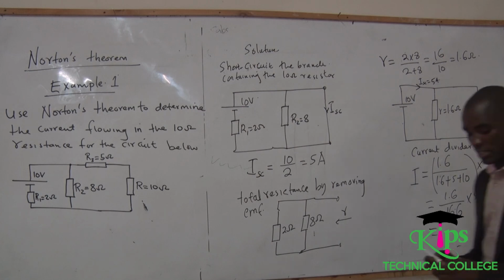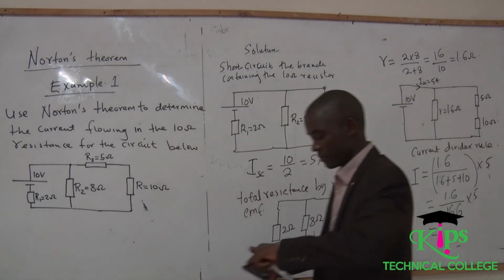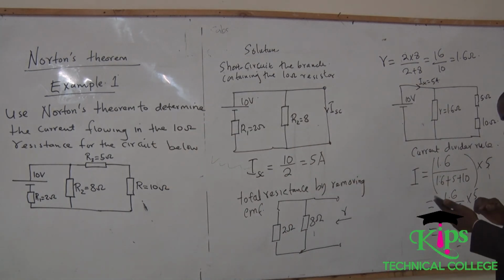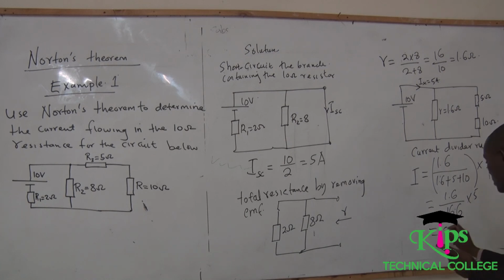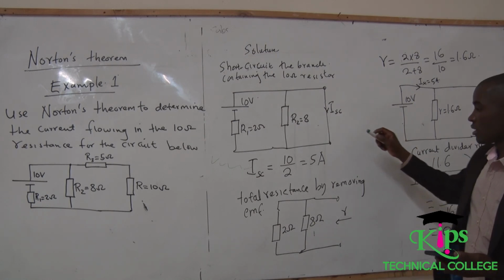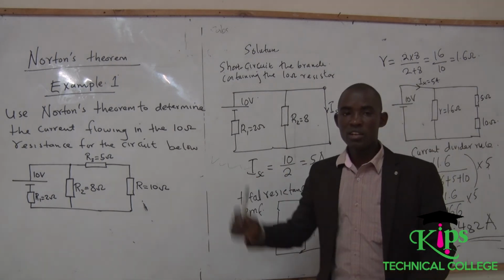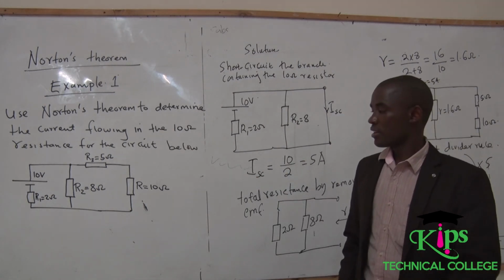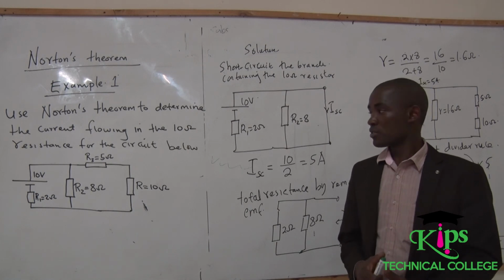If you use your calculator, 1.6 divided by 16.6 times 5 gives us 0.482 amperes. So that is the current passing through the 10 ohm resistor using Norton's theorem. So we're going to stop there.